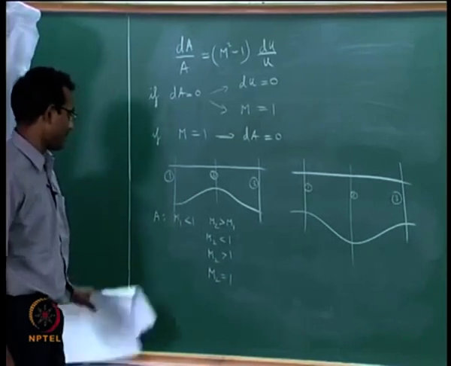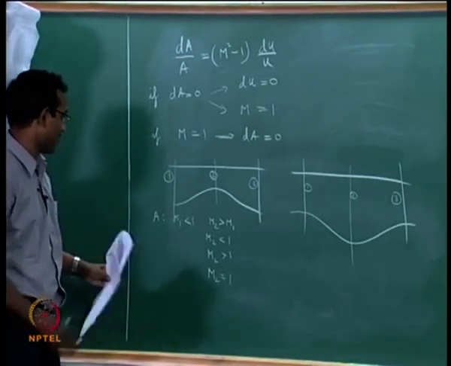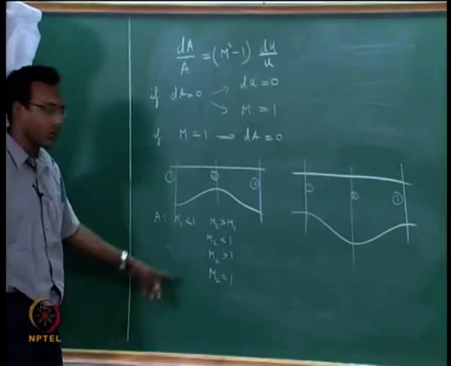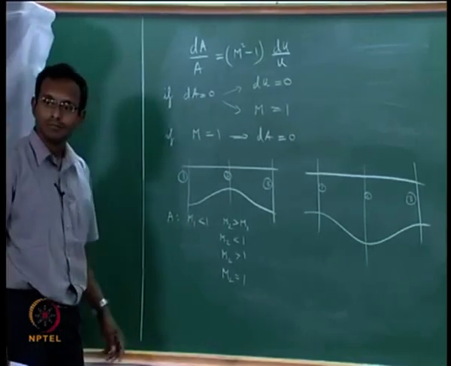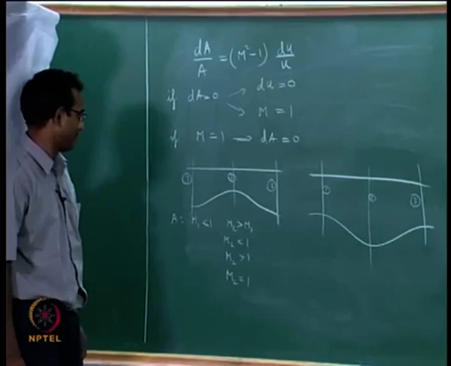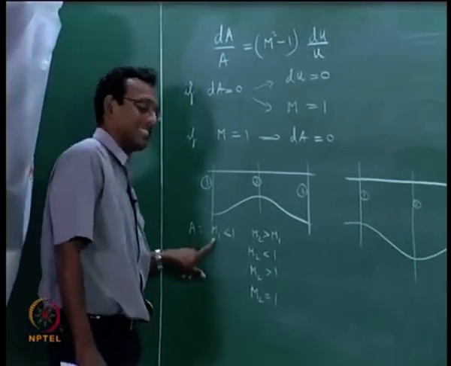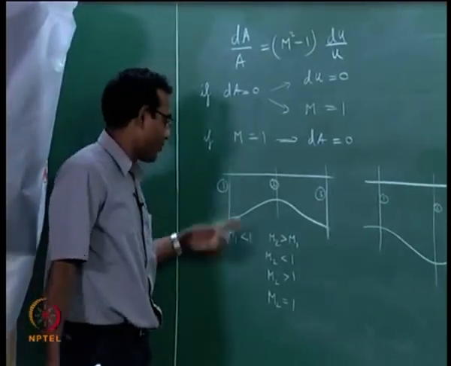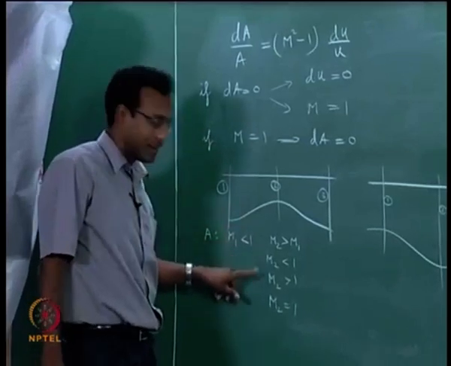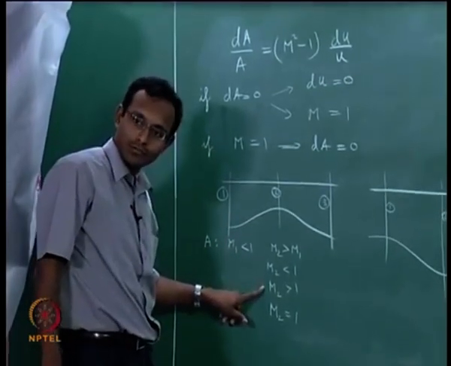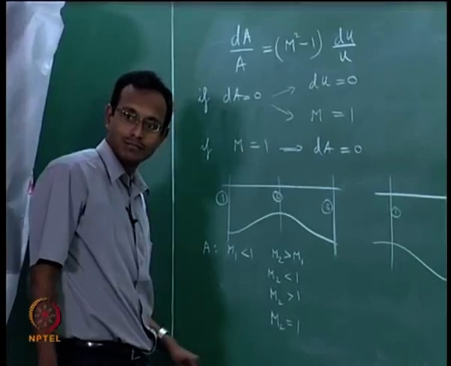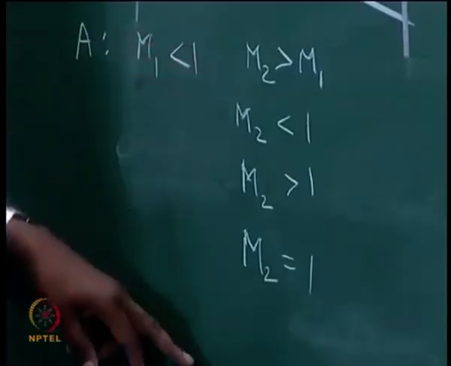Something must go wrong in this. One of them should not happen. These are 3 possibilities. M1 is say 0.5, it can go to 0.8, that will be this case. Here I am saying it is going to 1.2, here I am saying it is 1. One of them should not happen.